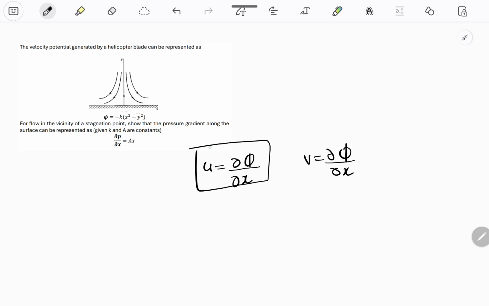So these are our building blocks, right? And then from here we can find u and v, but let me just be interested in this.